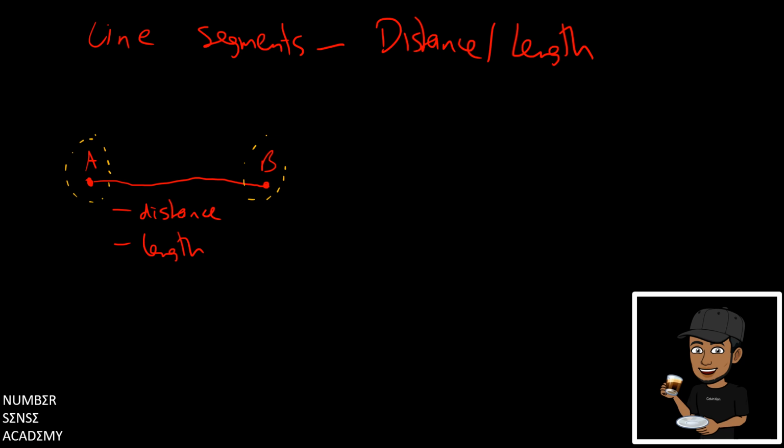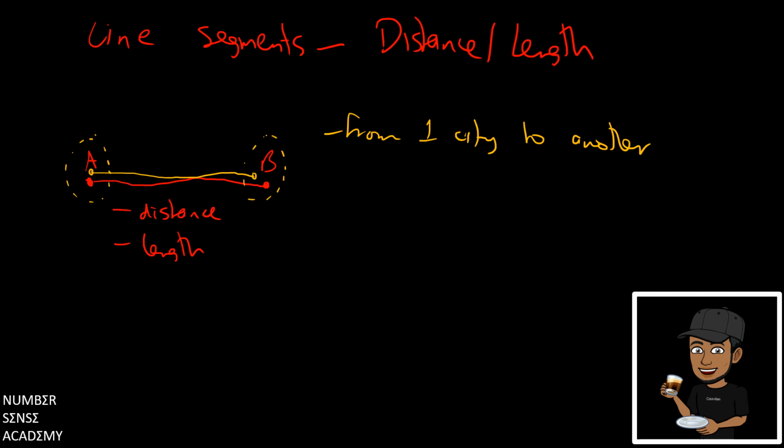Could be A, could be B. So what we're concerned with is how long or how far is the distance between point A and point B, in the case of maybe traveling from one city to the next. That could be a representation of distance. So going from one city to another. All right. Or you could just be interested in the length of two endpoints.